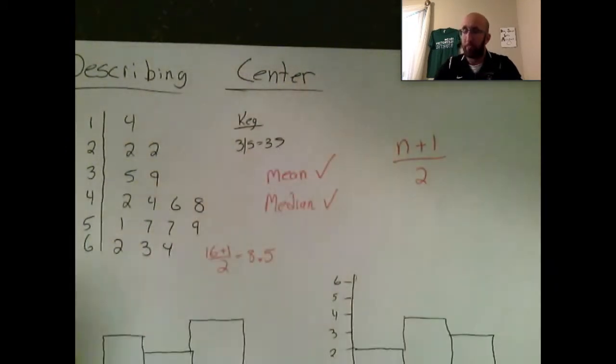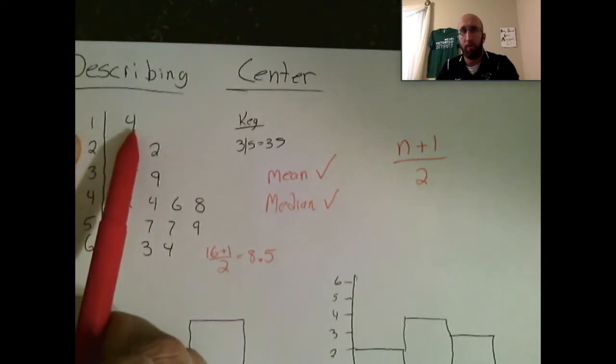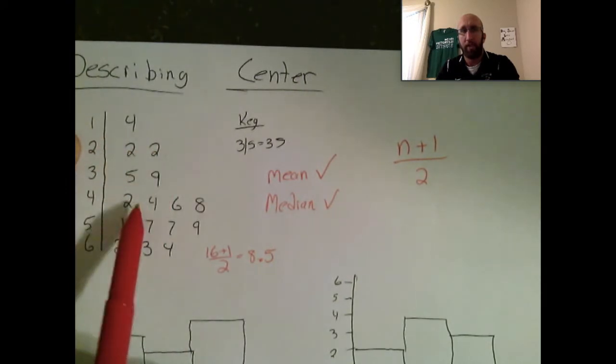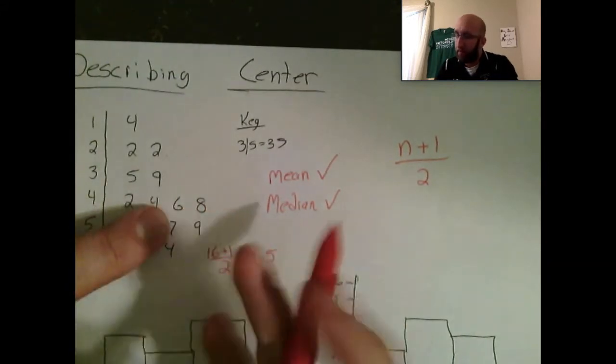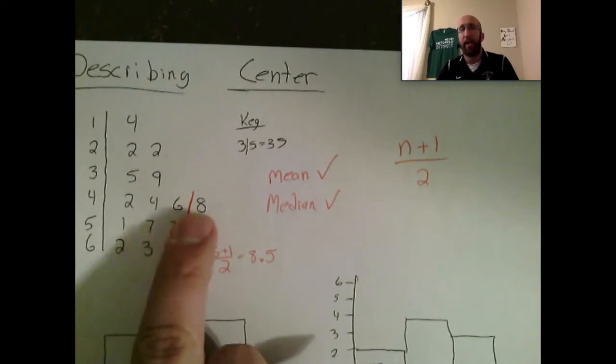And just because median's a little bit more of a foreign topic to you, we could go ahead and calculate it. So if I'm counting through, this is my first data point, so I'm going in order. 14 is my first, second, third, fourth, fifth, sixth, seventh, eighth. So 46 and 48 are my 8th and 9th data points in a row.